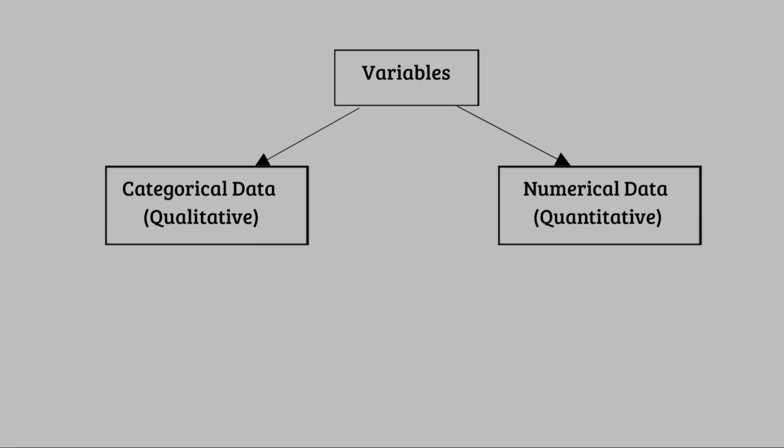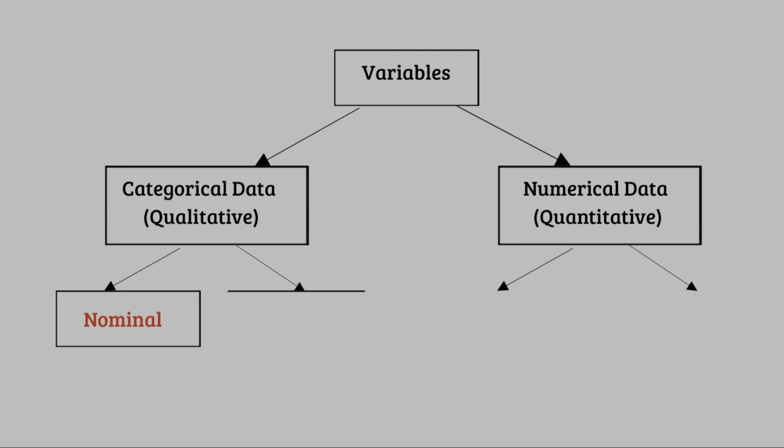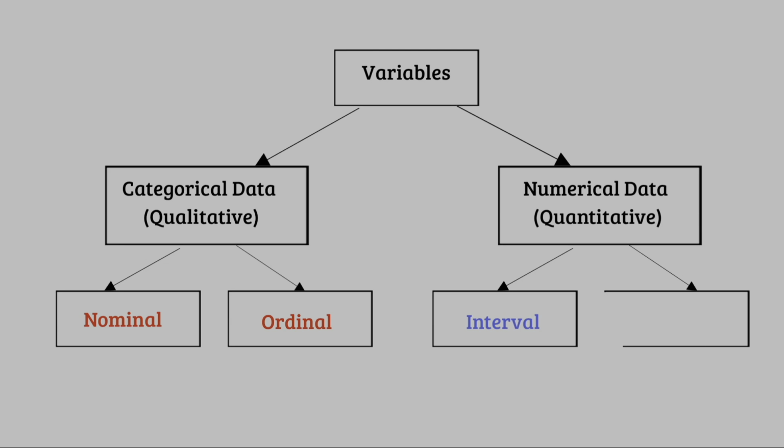Alright, now we have got a handle on both categorical and numerical data. We are ready to go deeper. In each of these broad data types, there are essentially two measurement levels. For categorical data, we have nominal and ordinal levels, while for numerical data, there are interval and ratio levels.